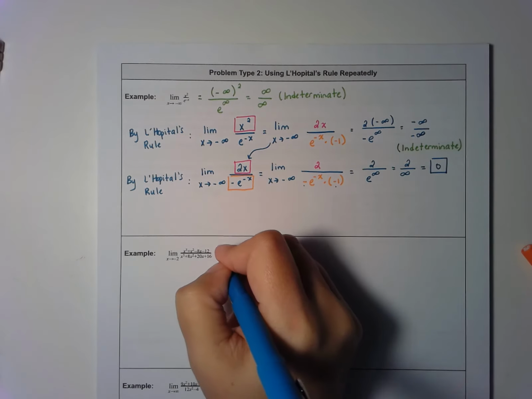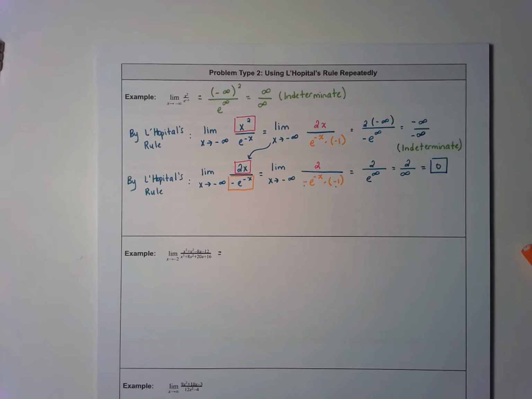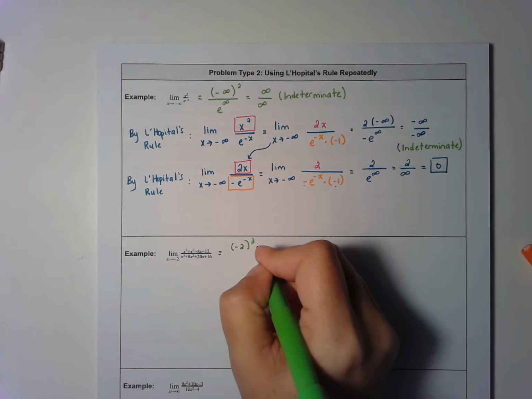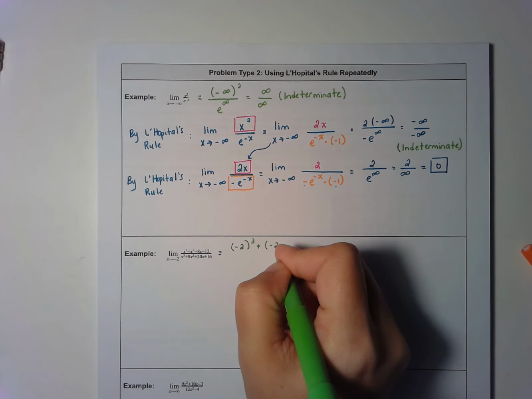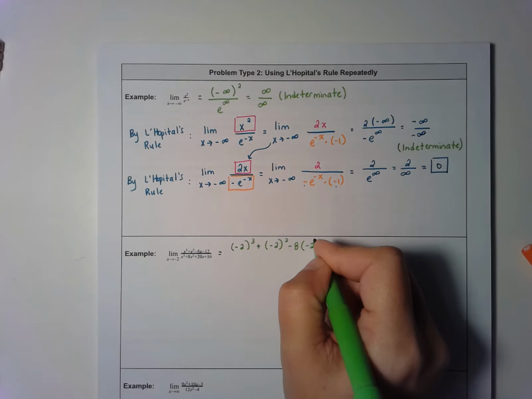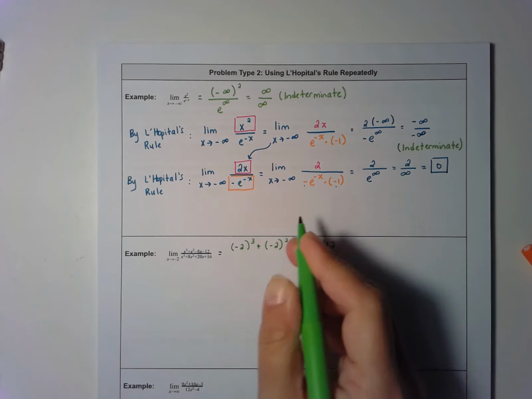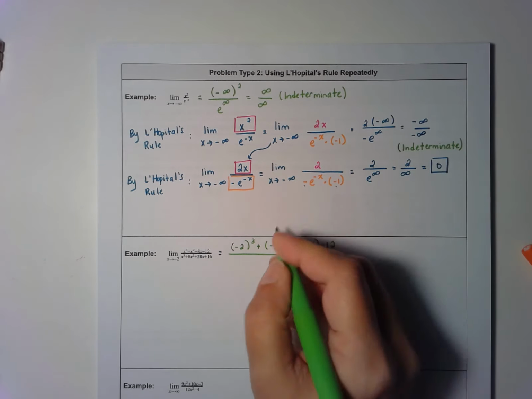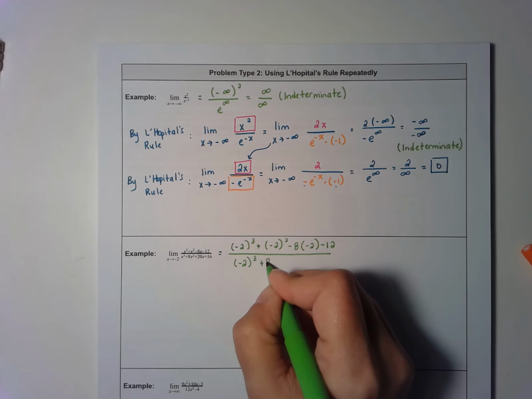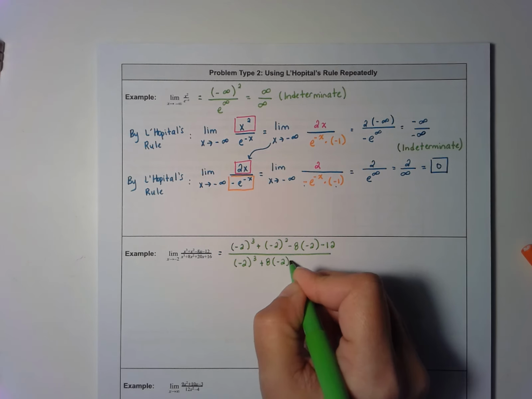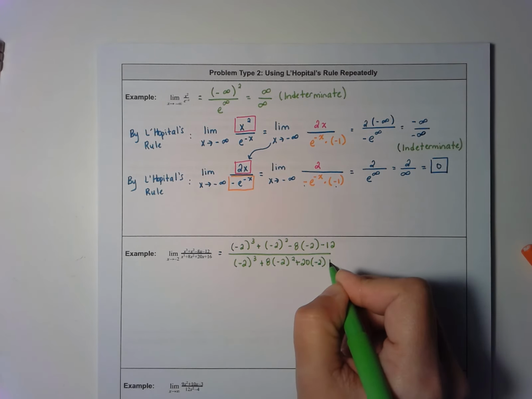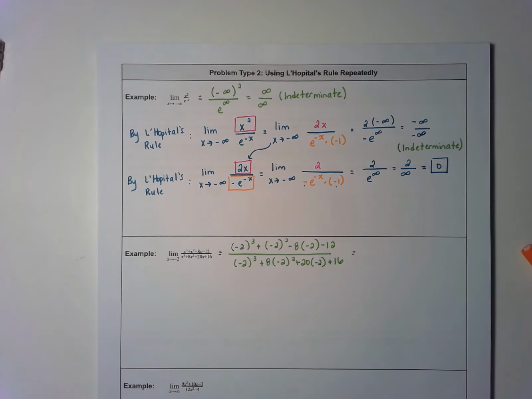So for the next example, if we try direct substitution, we get negative 2 to the third power plus negative 2 to the second power minus 8 times negative 2 minus 12, all over negative 2 to the third power plus 8 times negative 2 squared plus 20 times negative 2 plus 16.